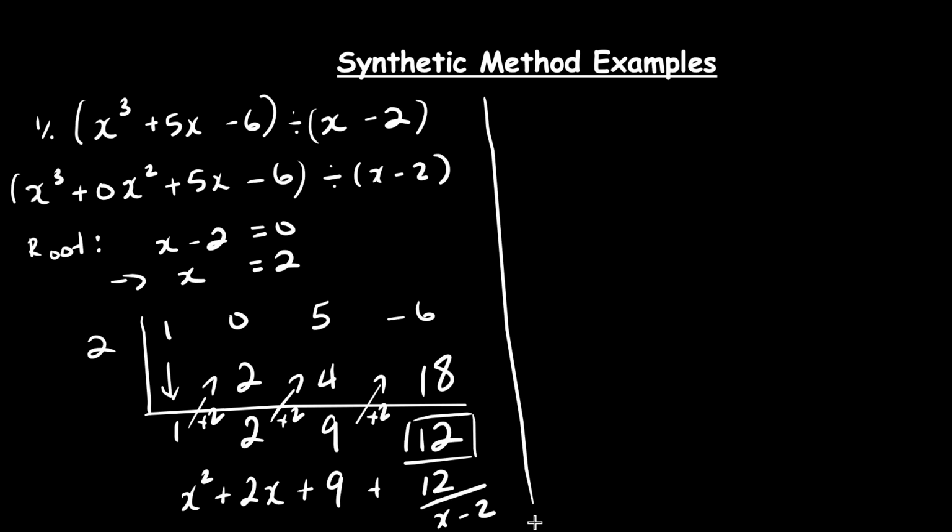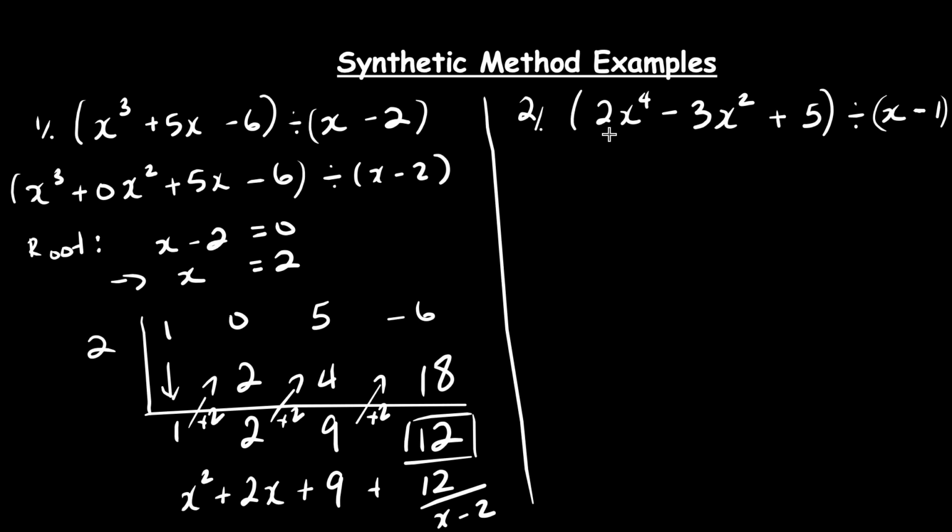Hopefully this is clear. So here we have, for our next question, this is number 2, 2x to the 4th minus 3x squared plus 5 divided by x minus 1, right? So this is our divisor here.